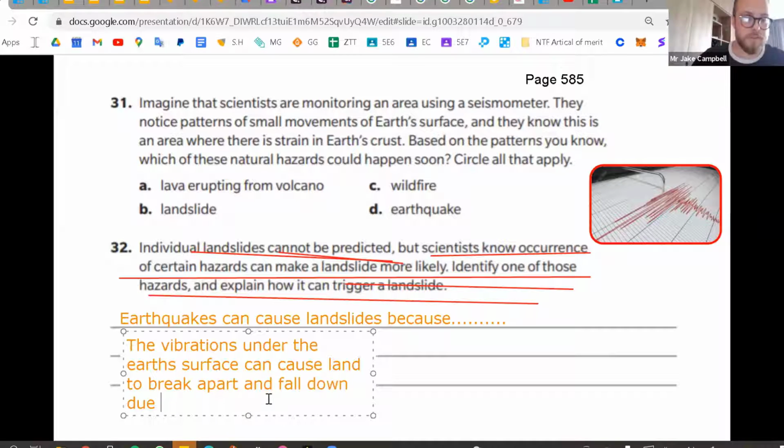What force pulls everything down? Which fall down due to gravity. Gravity, that's the one. Nice, class.